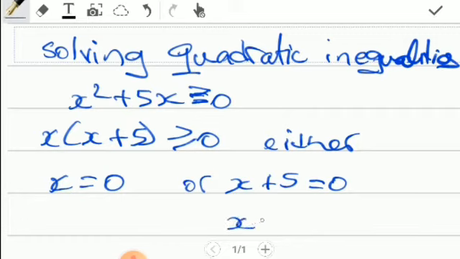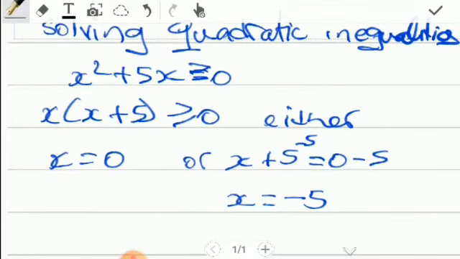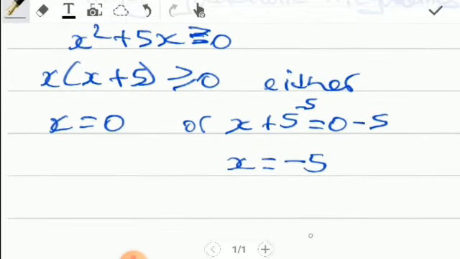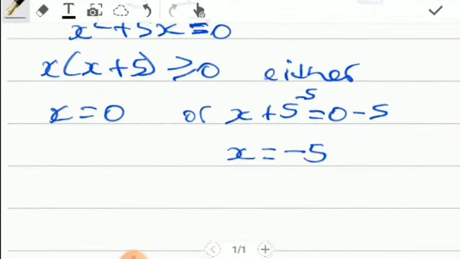So this will make x equal to negative 5. We subtract 5 from both sides. So here we have two critical values: one is x equals 0, and another is x equals negative 5.